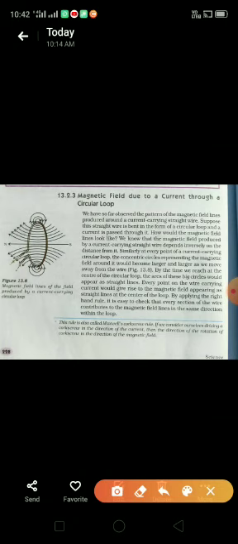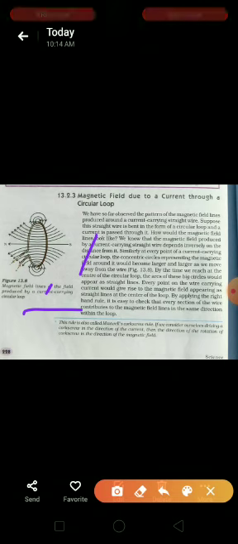Magnetic field lines of the field produced by a current carrying circular loop. Okay, so students, the magnetic lines of force near each segment of the wire are circular and form concentric circles.